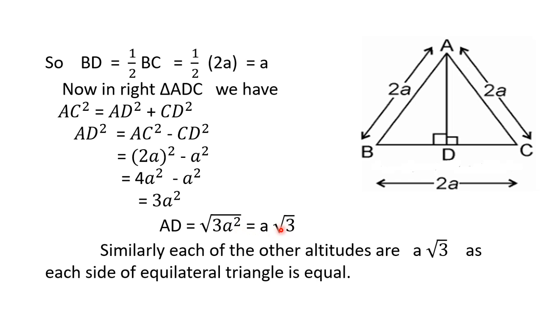So we can say the altitude of the triangle is A under root 3 units, and each altitude is the same, A under root 3, as each side of an equilateral triangle is equal. So all altitudes are also equal to A under root 3 units.